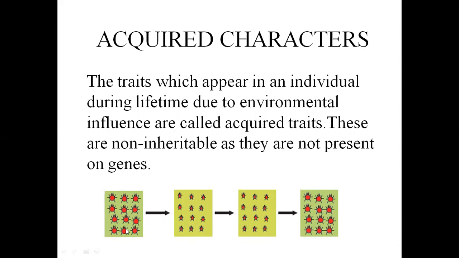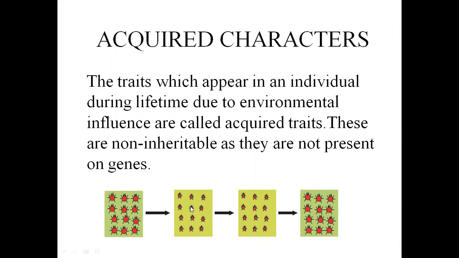So the beetles were starved, and due to the lack of food, they could not grow to their normal size, and the generations have very little size. But after some time, the bushes return to their normal state, and the beetles also came back to their normal size.